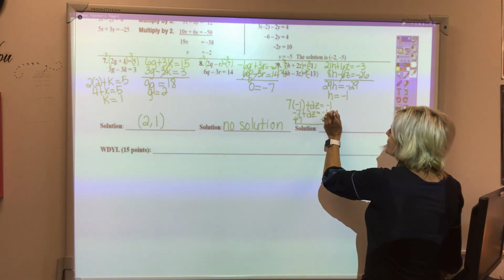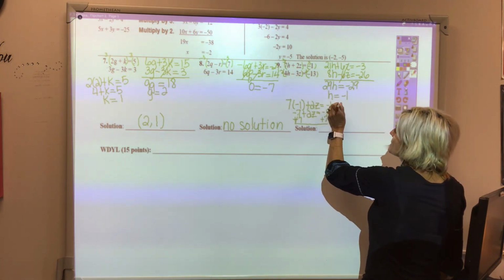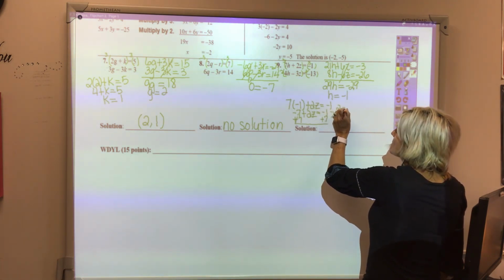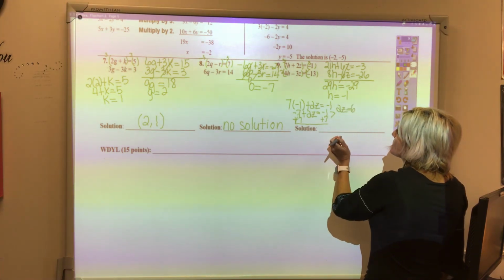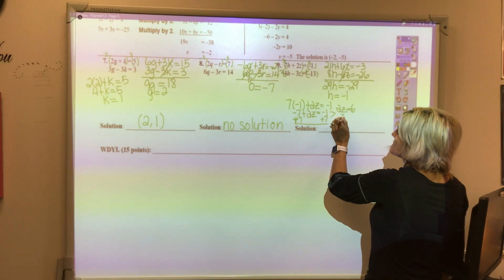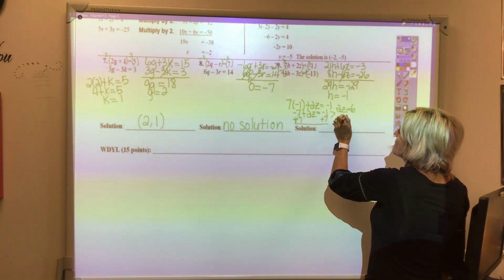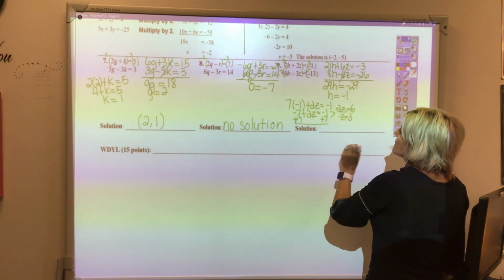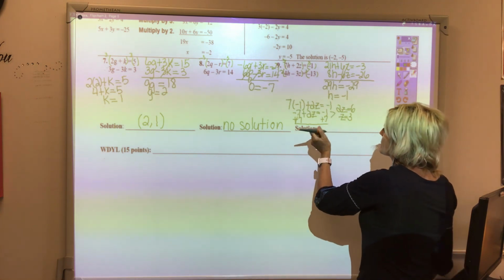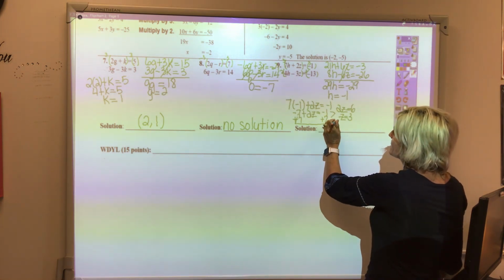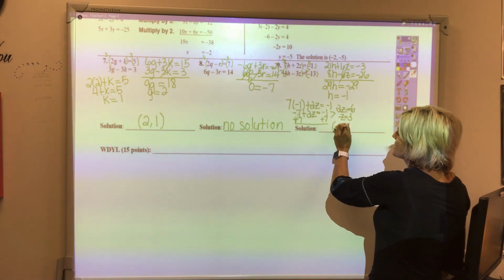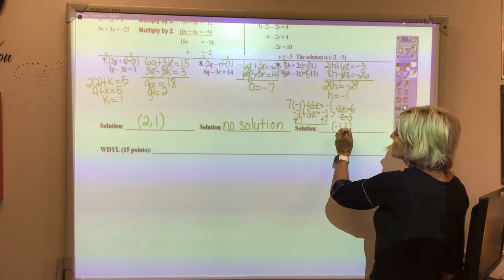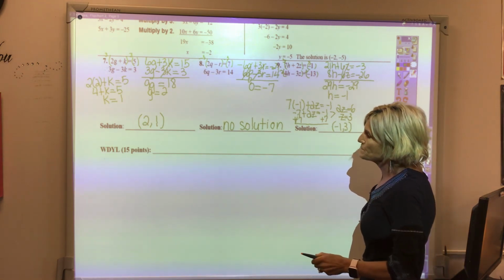That will bring me over here to give me 2z equals 6. Divide both sides by 2. Z will equal 3. H comes before z, so when we write our solution, we'll write negative 1, comma, 3, and remember to enclose in parentheses.